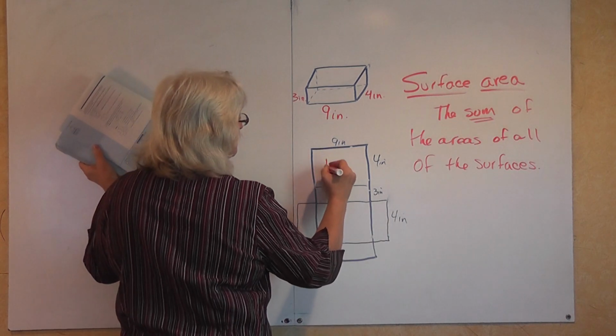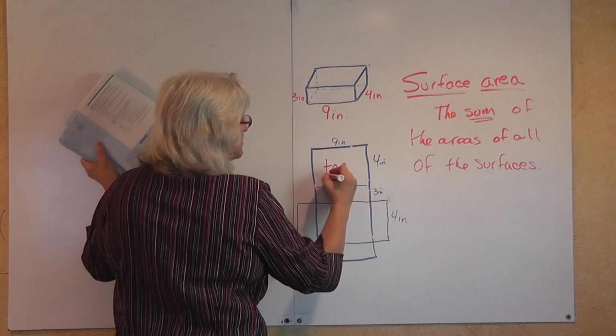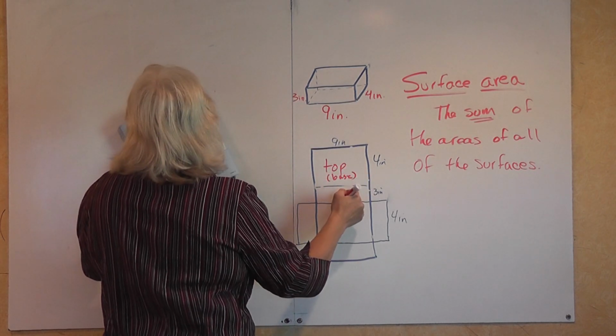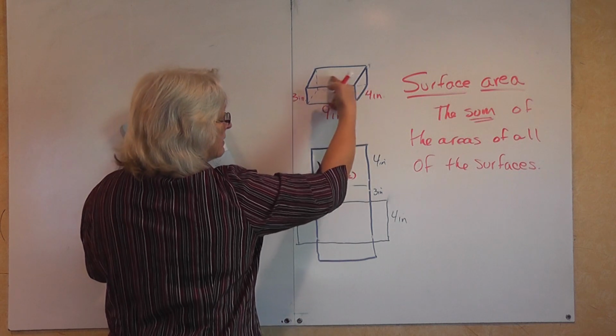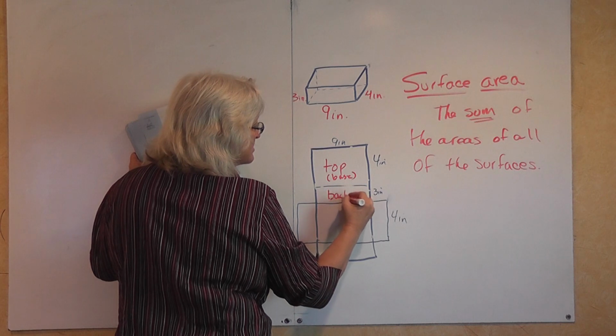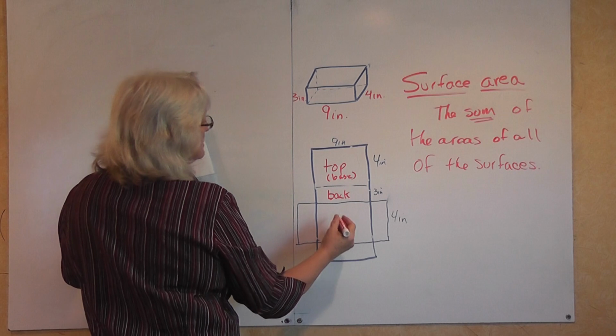This is the top of my box, or the top of this rectangle here, and that's what they call a base. This one right here is the back of this rectangular solid, of this rectangular prism. This right here is the bottom.